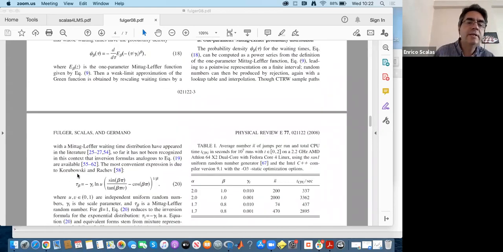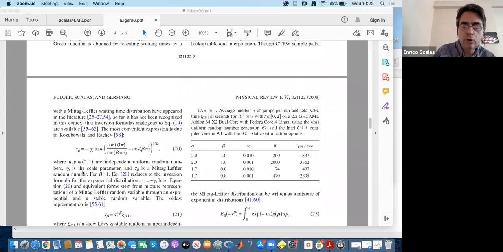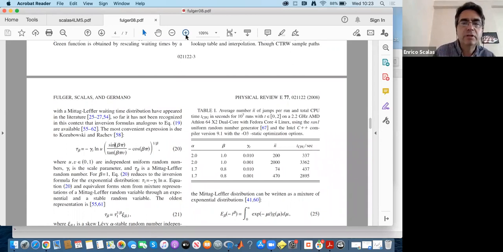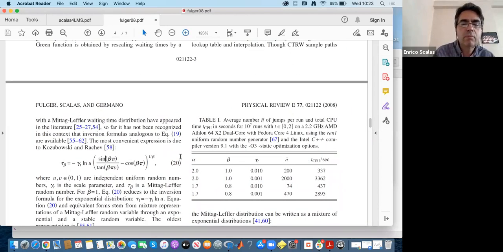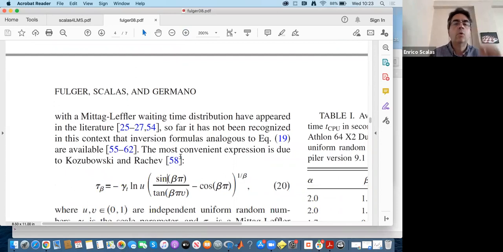Equation 20 in this paper gives you the formula to simulate Mittag-Leffler distributed random variables. What do you do?